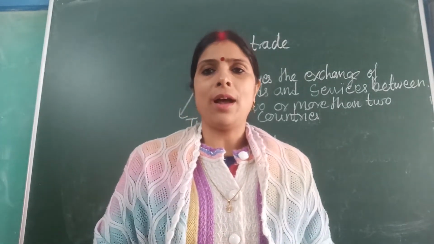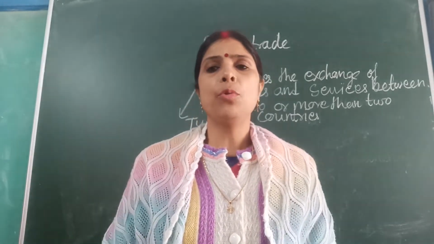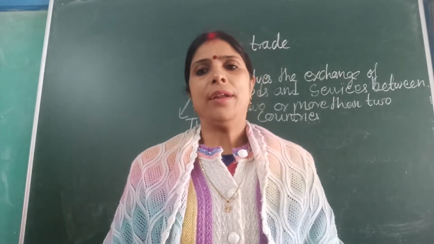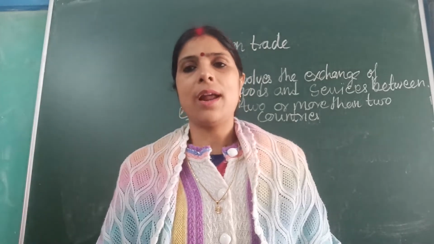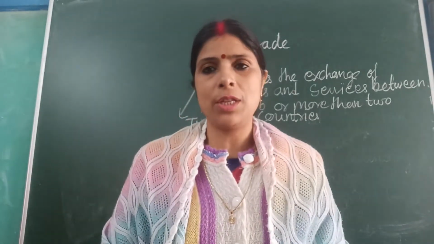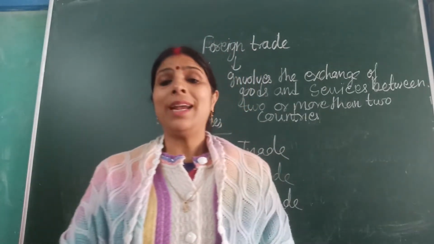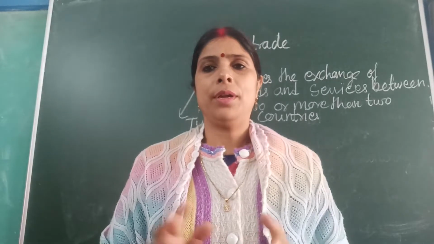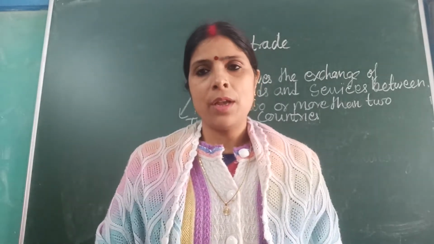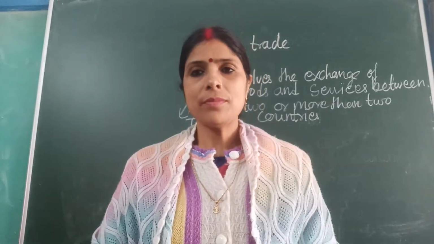Like India importing from USA, UK, Japan, Iran, Iraq, we are importing many commodities, and we are exporting to these nations also. At the time of independence in 1947, just because of partition, India faced a lot of problems.